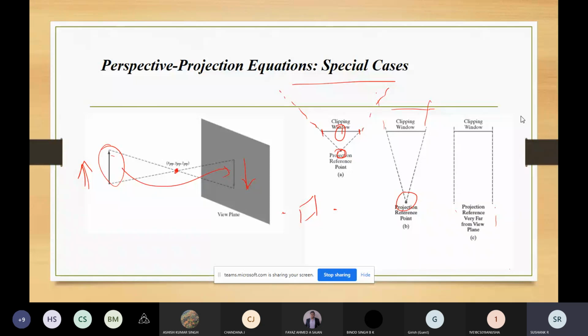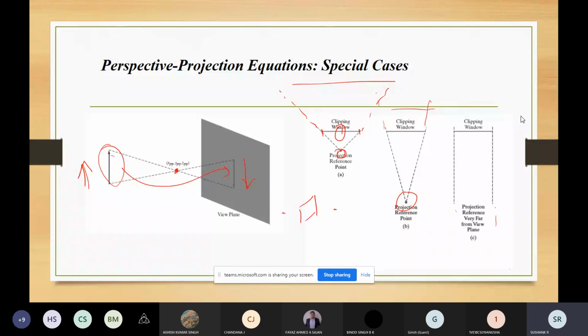One, very close to the view plane, the object appears much larger. Second, when the reference point moves far away from the view plane, the size of the object decreases. Third, when the reference point is very far away, it is almost becoming a parallel projection.